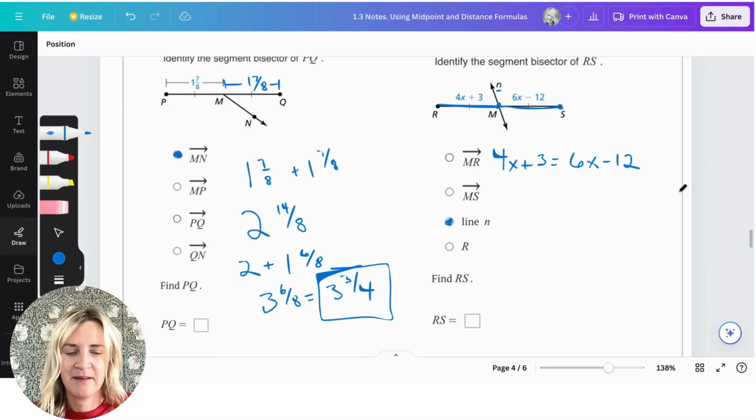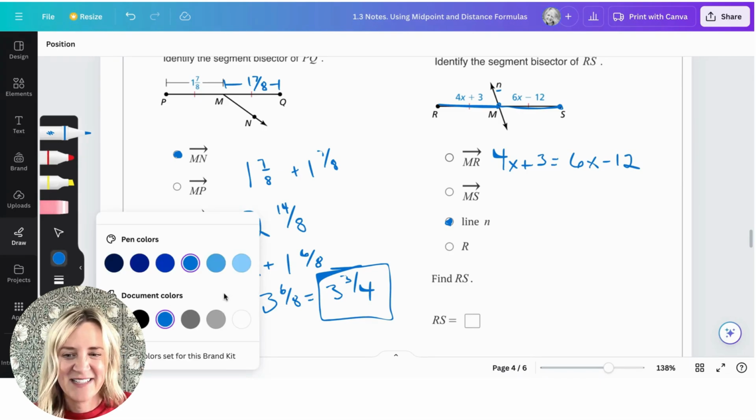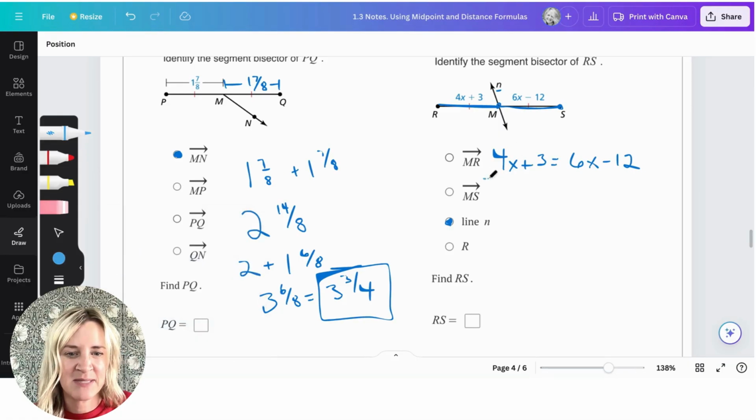All right. You guys remember this stuff? Starting off strong here. We are going to subtract 4x from both sides to combine our terms. I am then going to have 3 equals 2x minus 12. I'm going to add 12 to both sides.